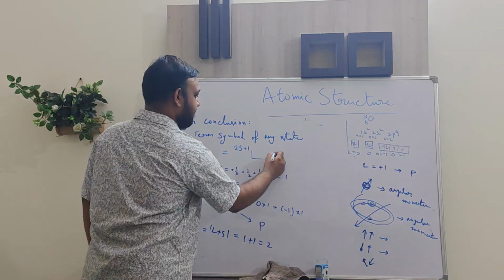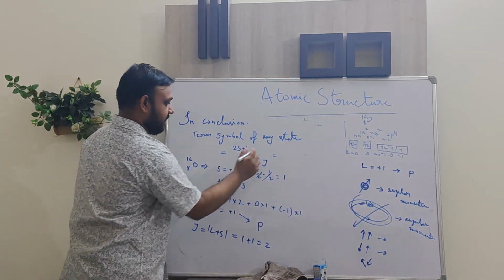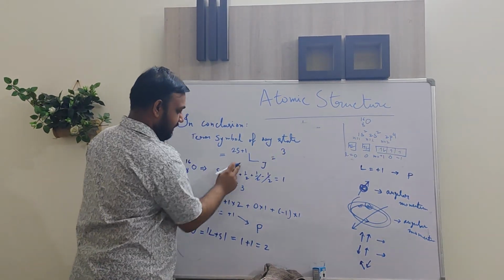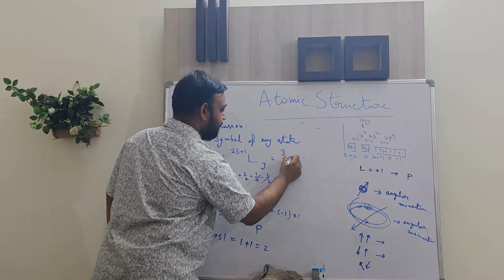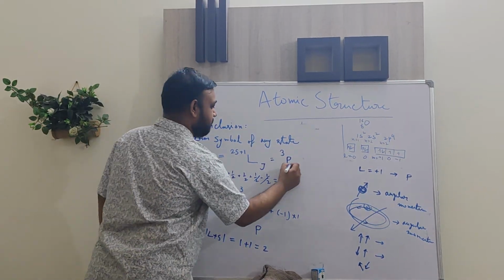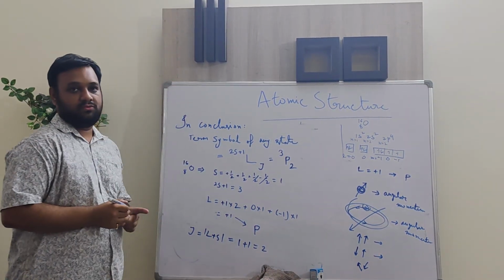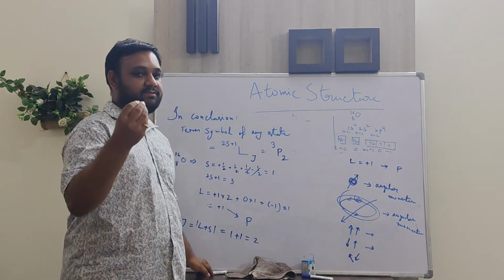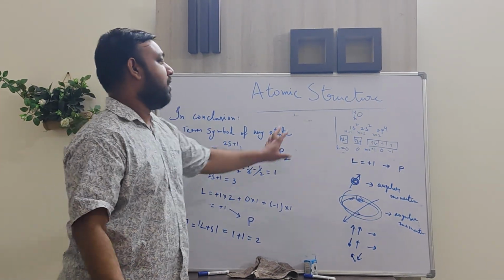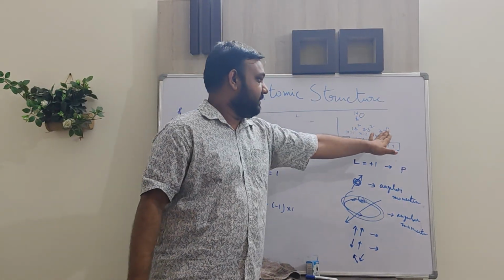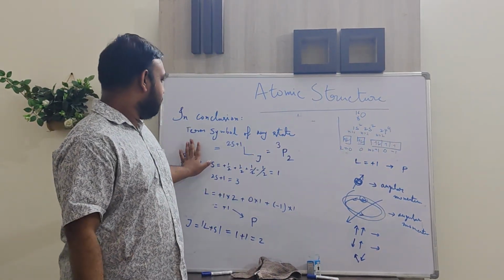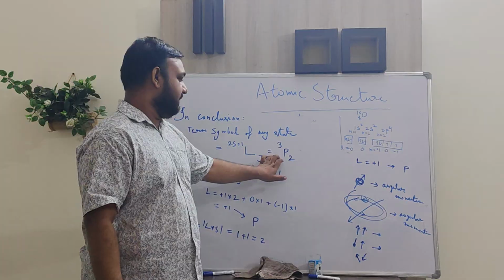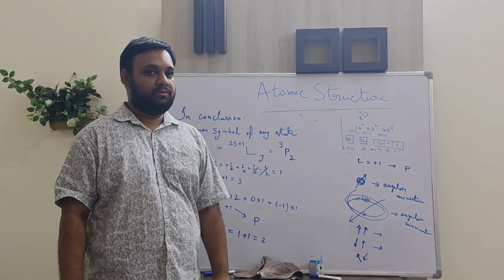Therefore the term symbol here will be 2S plus 1 is 3, the L symbol is P and the J value is 2, so 3P2. So if someone asks what is the ground state term symbol of the oxygen atom, the electronic configuration is this, and by calculating this we tell it is 3P2.